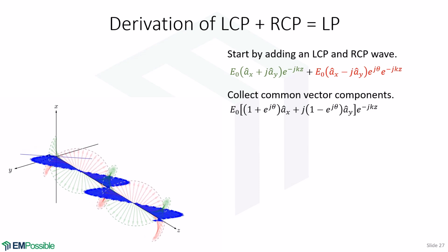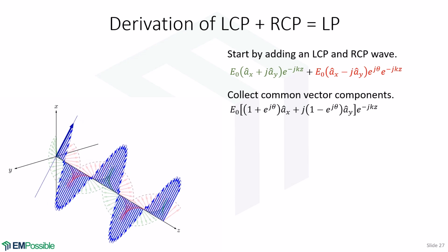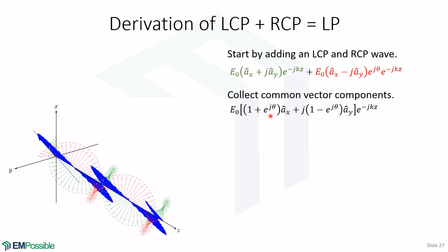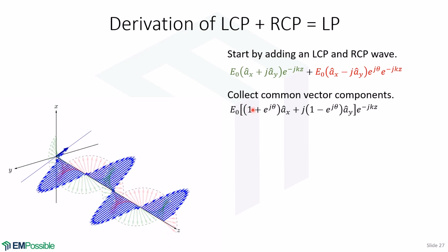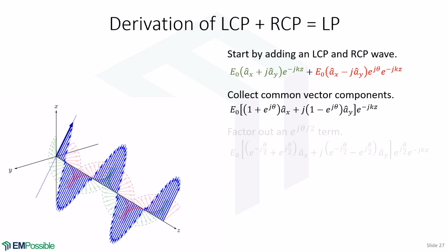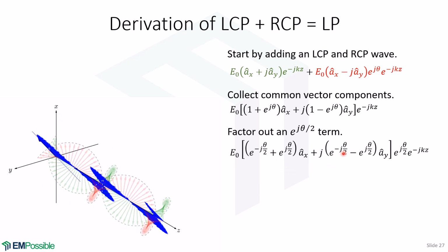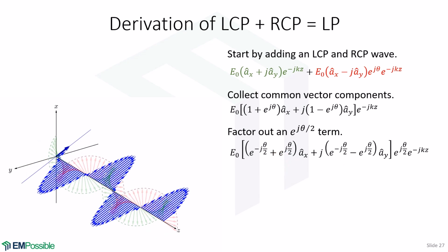So to put it in that form, we can factor out an e to the j theta over 2. We're only factoring half of it out here, so we'll get an e to the j theta over 2, but then we'll get an e to the minus j theta over 2 over here. So we go ahead and factor that out, and now we have things that look much more like our Euler identities.